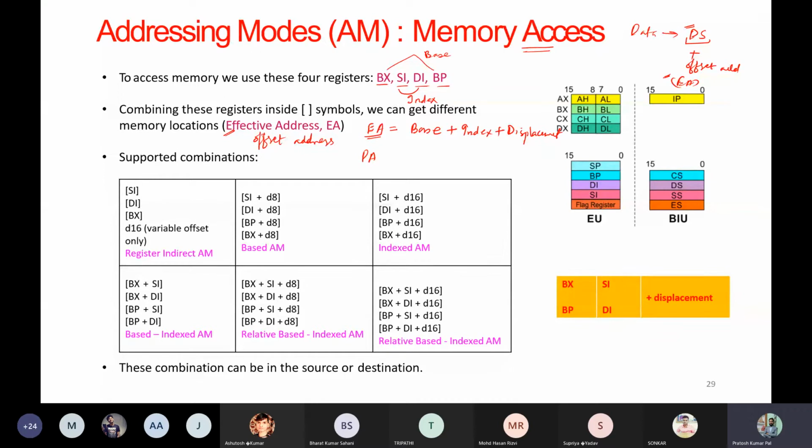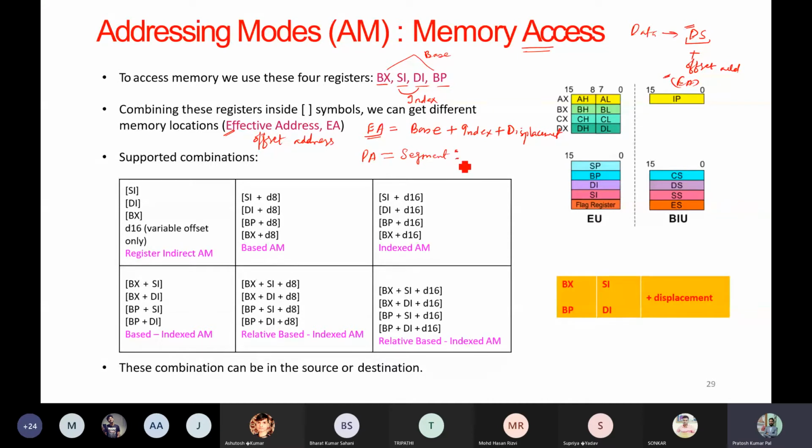Okay. So then the physical address. Finally, to access a memory, we will be having the physical address value. This physical address value is calculated from the segment register together with the EA.